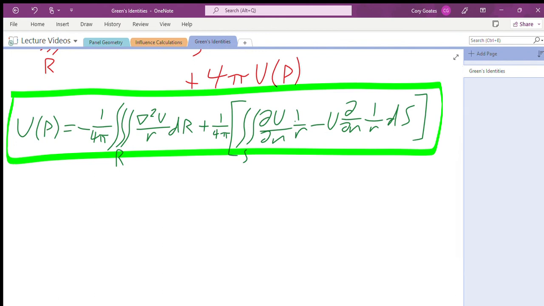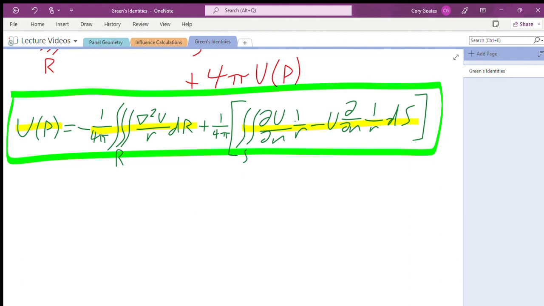And this is where we'll leave off for this video. I just want to make a note of what this equation is saying. This equation is saying that if we have some function u, which is defined inside R, and it is continuous and continuously differentiable, then we may express its value at any point P inside R as contributions from a volume integral of the Laplacian of u plus a surface integral involving the normal derivative of u on the boundary and the value of u on the boundary.